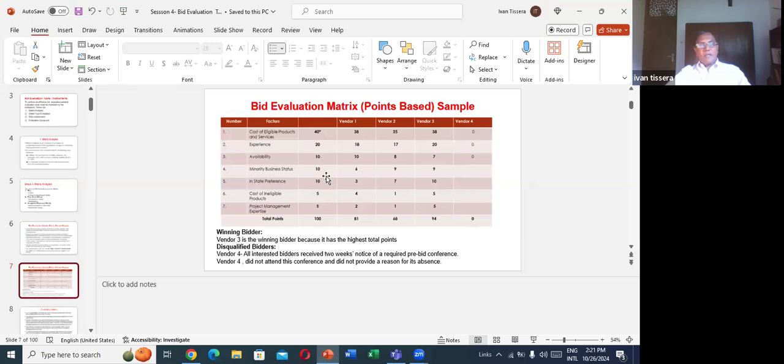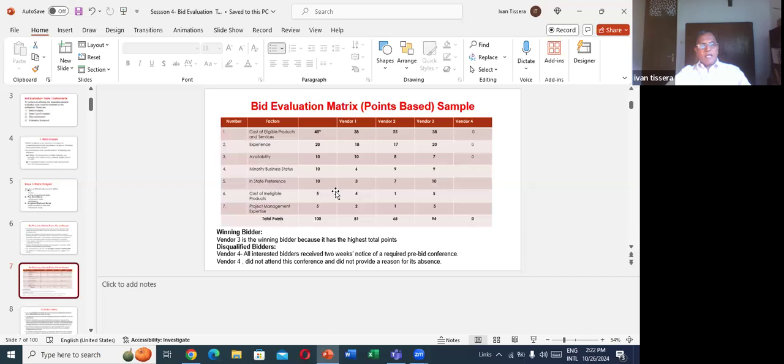Availability of, status, sorry, not minority business status, some marks. In-state preference, I mean like domestic preference.